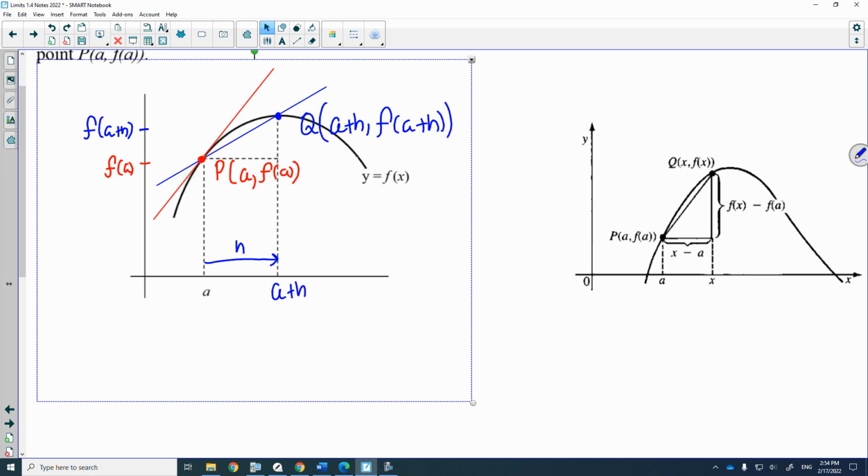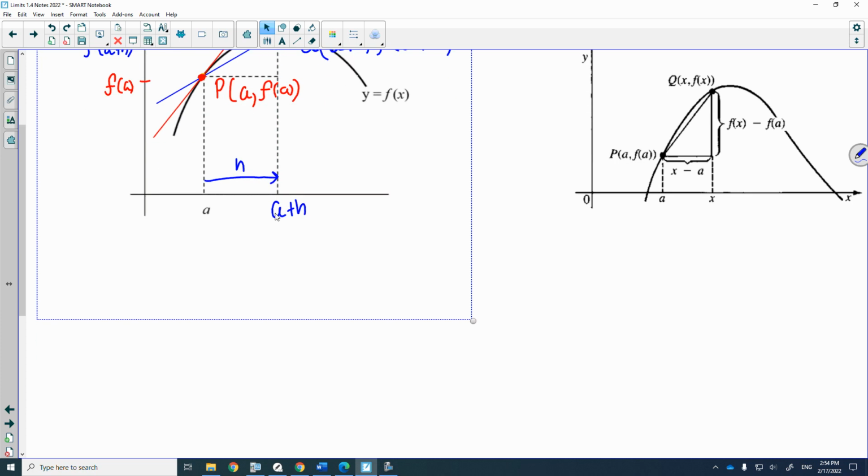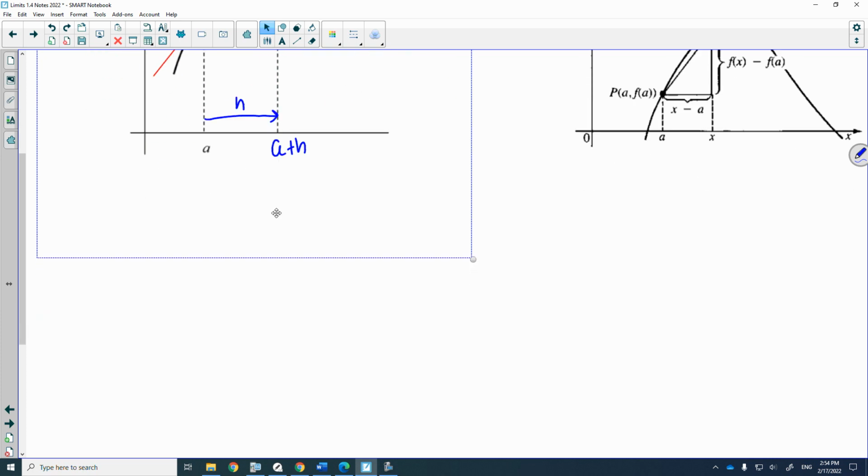What I have right now, because I've got 2 points on the curve, on the secant line, is I could calculate the slope of this secant line. So the slope of the secant line is going to be the slope of PQ, and that's going to be equal to y2 minus y1 over x2 minus x1.